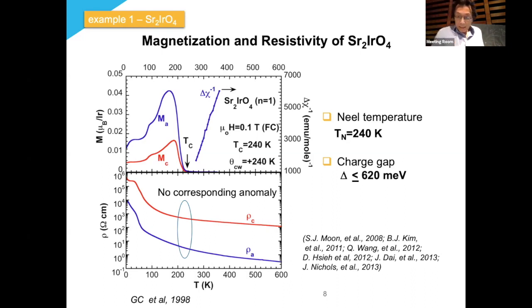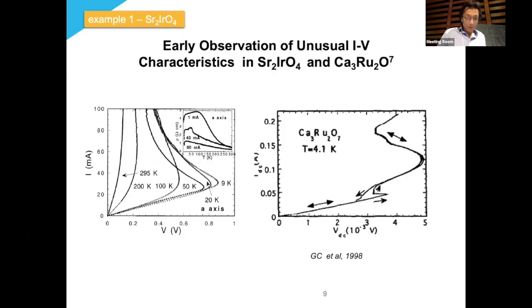And this current control study, to some extent, is actually a continuation of early studies. We started these 4D and 5D transition metal studies in the 90s.